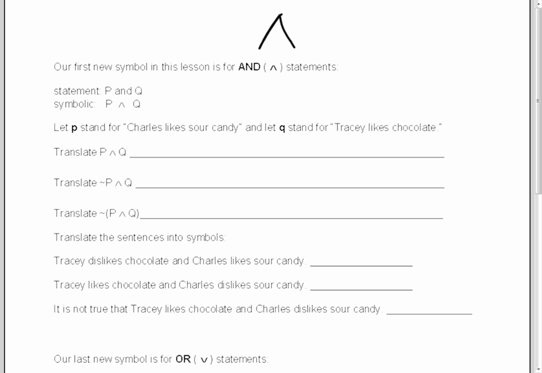Let's make a big symbol up above that so we can see it. Does that look like the letter A? A little bit? That's how you should remember that this goes with the word and. Technical name. Conjunction. In English class, what is a conjunction?